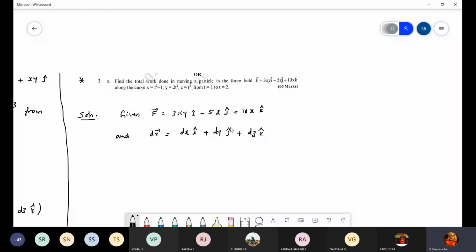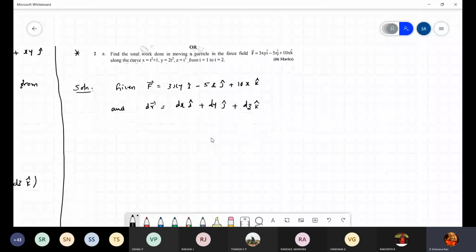Now you should convert. First we will calculate F dot dr. Separately we will calculate it, simplify, and then substitute into the integration. After that we will integrate.